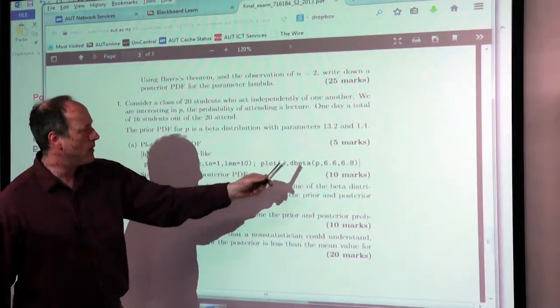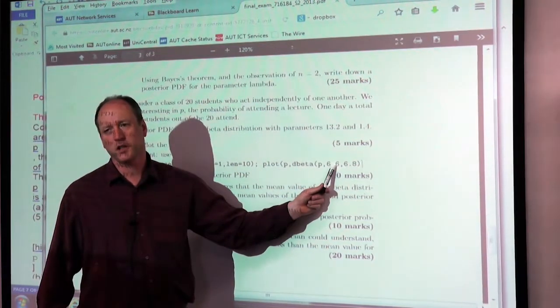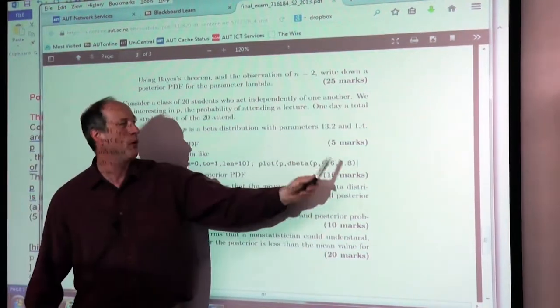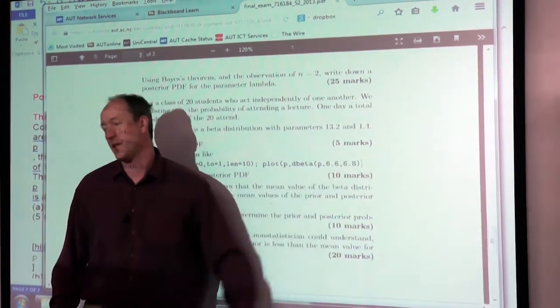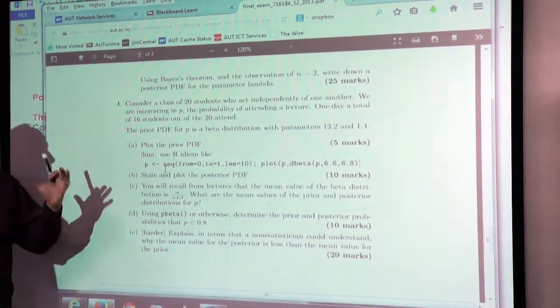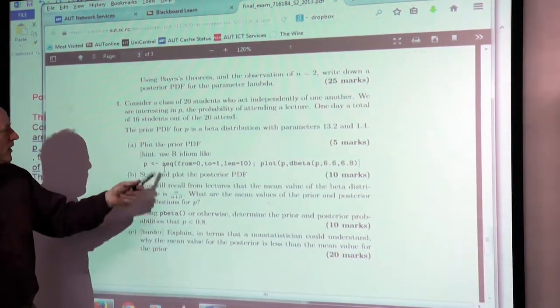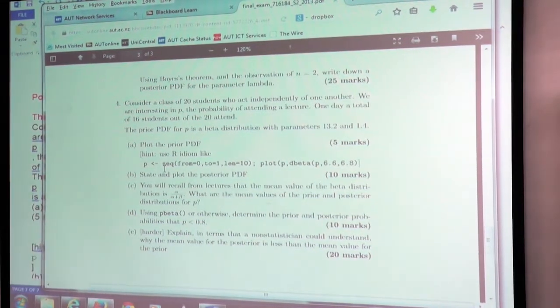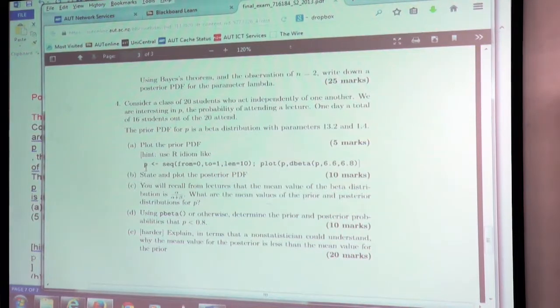But the real problem is this: people just plugged and chugged. I mean, come on! It says here distribution 13.2 and 1.4, and it says 6.6, 6.8. I can't understand why anyone would think at level 6 that cutting and pasting into R is worth 5. Anyway, we need to modify the first bit and the second bit.